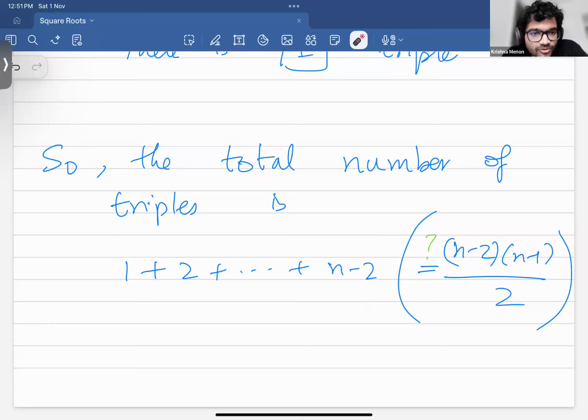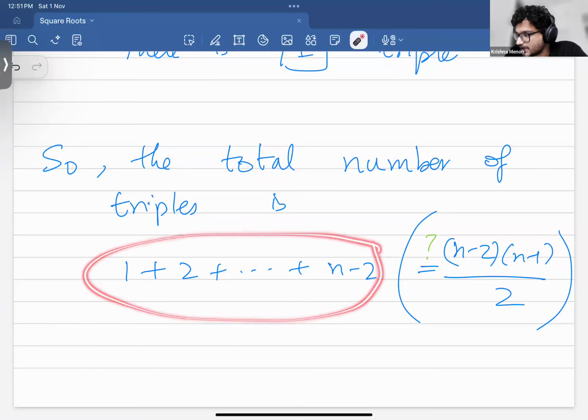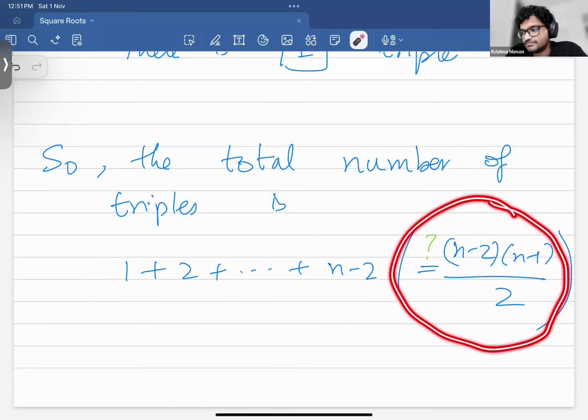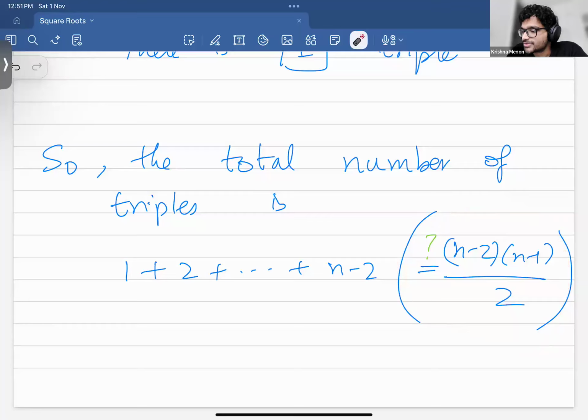Then I'm assuming everyone understands where this formula comes from for the total number of triples. Okay, so if everyone does understand this formula, I don't know if everyone knows why this sum of numbers from 1 to n minus 2 is the same as this expression over here.